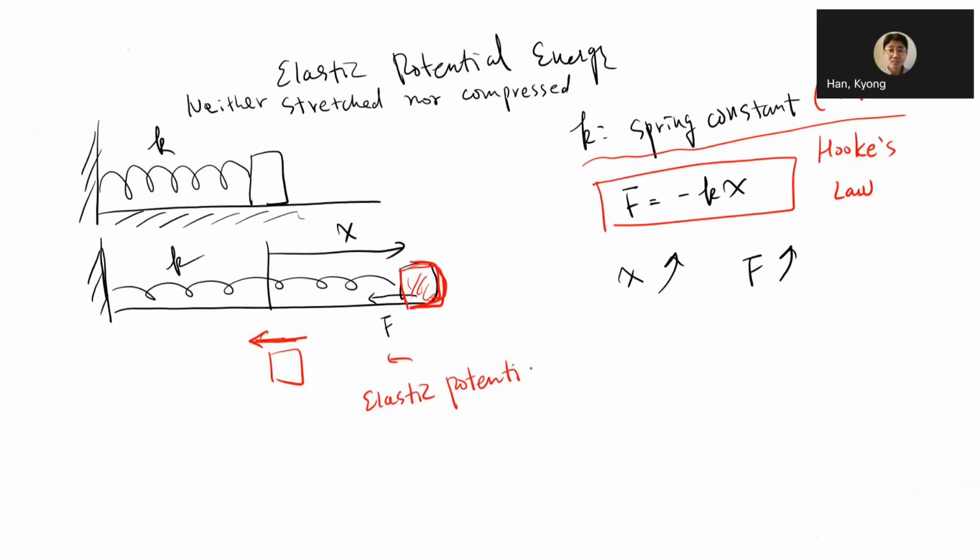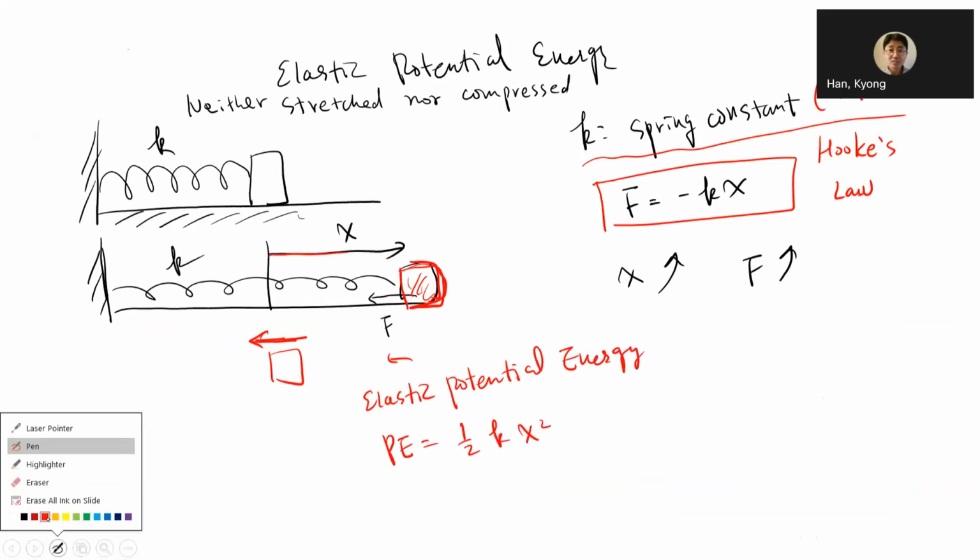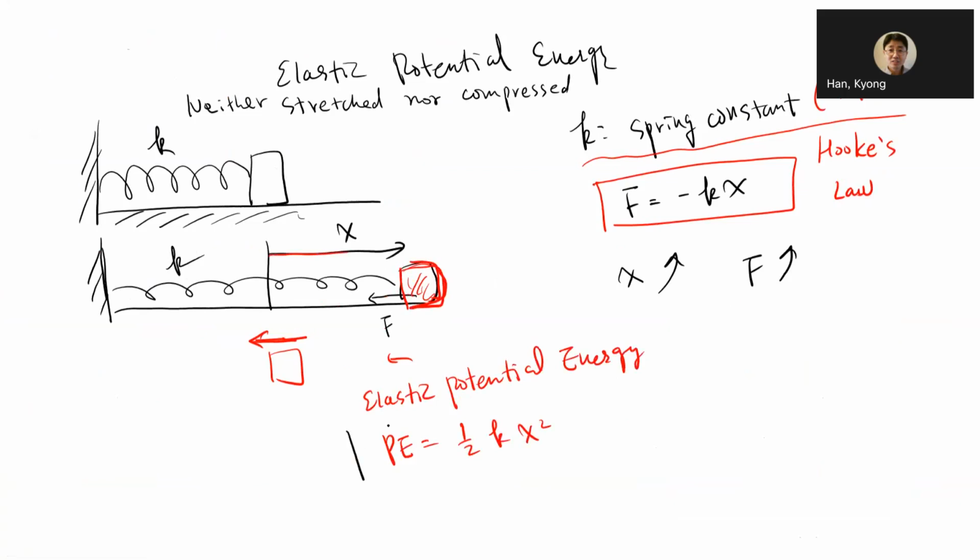The elastic potential energy depends on the spring constant and how much it is stretched or compressed. The elastic potential energy equals 1/2 kx squared. It's not linear; it depends on the square of how much it's stretched or compressed.